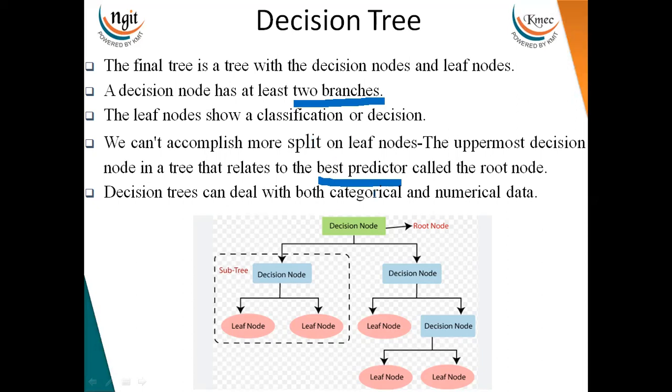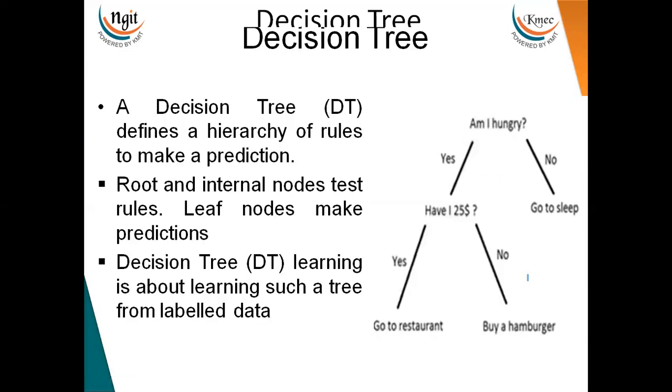Your decision tree is capable of handling both types of data, categorical data as well as numerical data. These are all the properties of decision tree you should remember when asked in the exam, and this is the basic structure of the decision tree that you should be able to draw, and one example you should show. More and more examples you will see in upcoming slides.